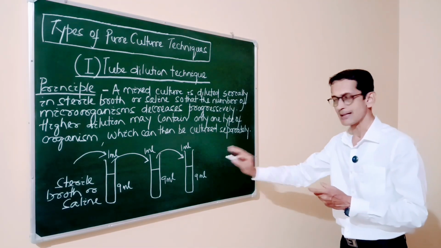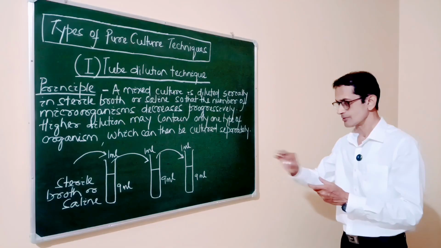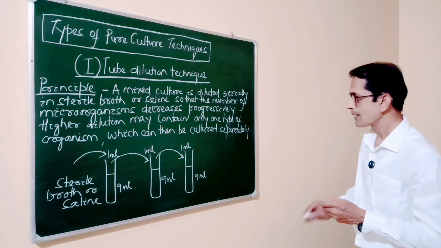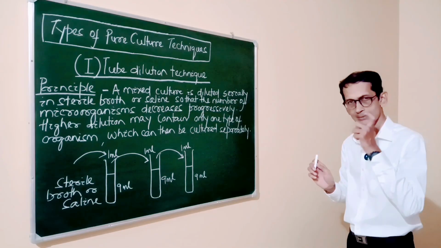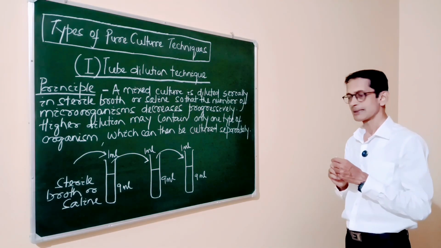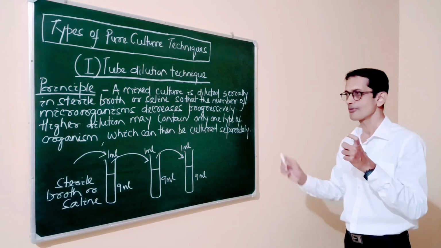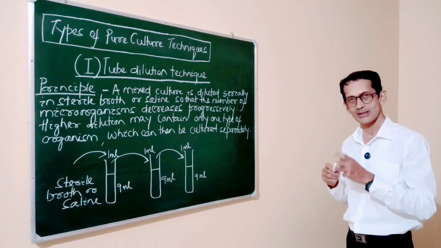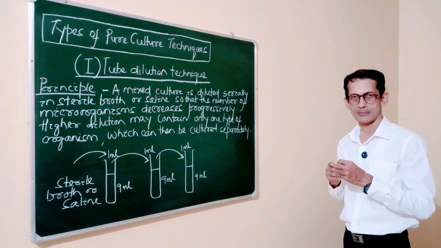So in this manner, the concentration gradually decreases, and at higher dilution, there is a chance that it may contain only one type of microorganism which can then be cultured separately.